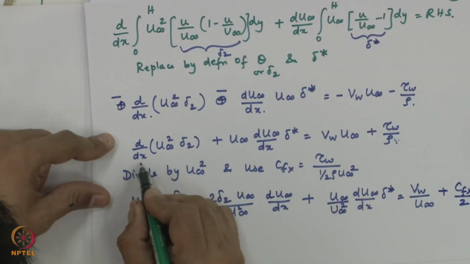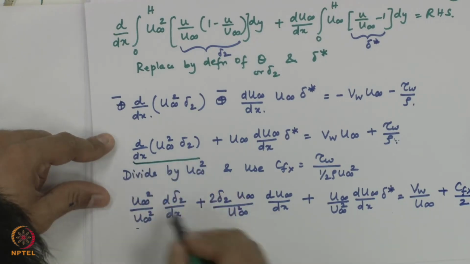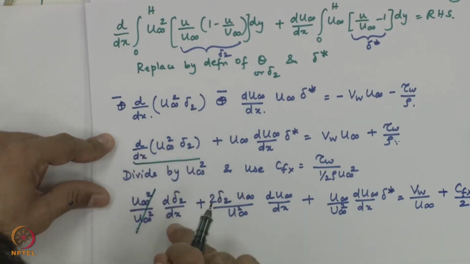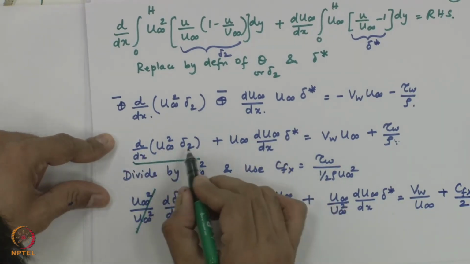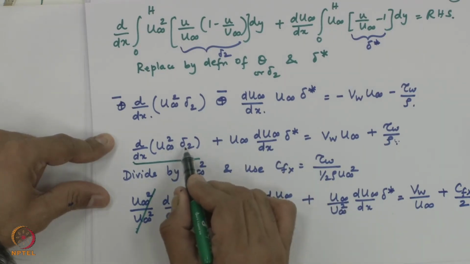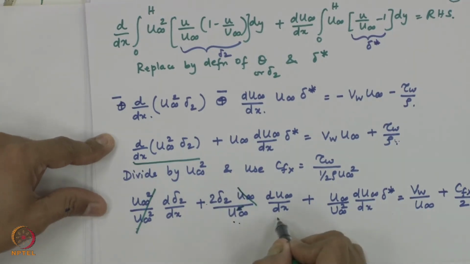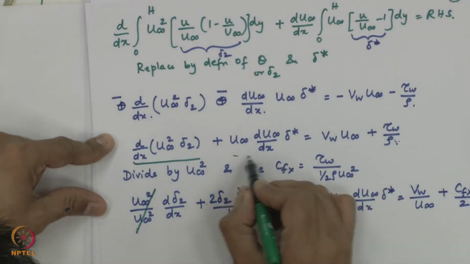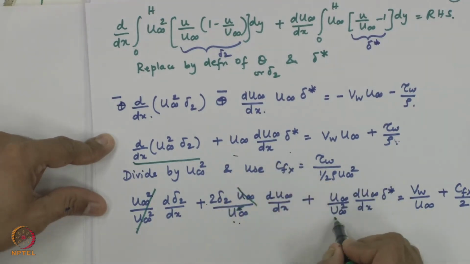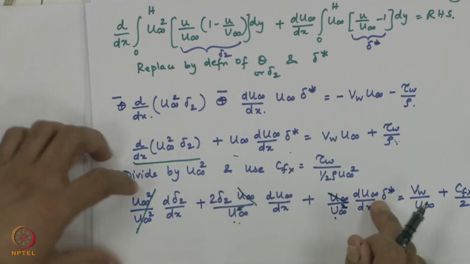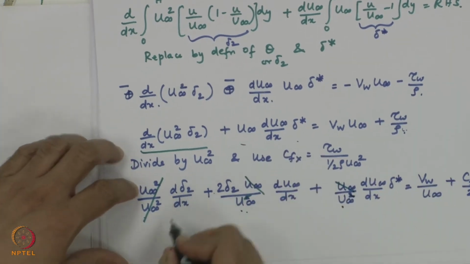So, this term was opened into two terms, u infinity squared d delta 2 by dx, delta 2 comes out 2 u infinity, divide by u infinity squared, one of them will cancel, du infinity by dx. This one as it is, u infinity by u infinity squared, one of them will cancel off and the right hand side remains as it is.